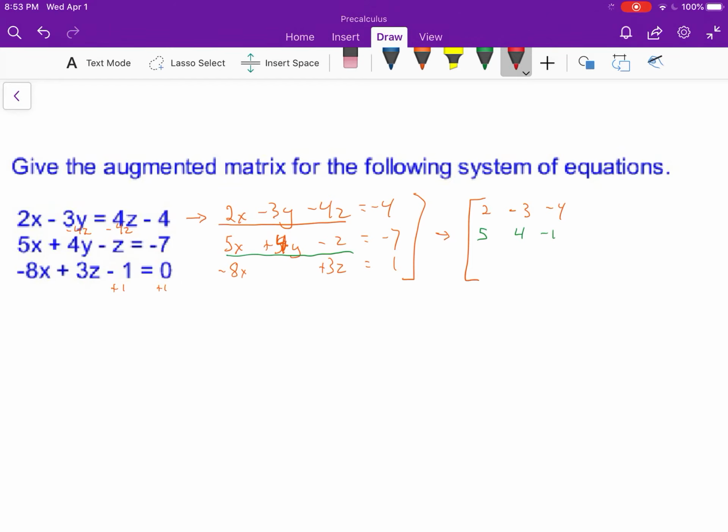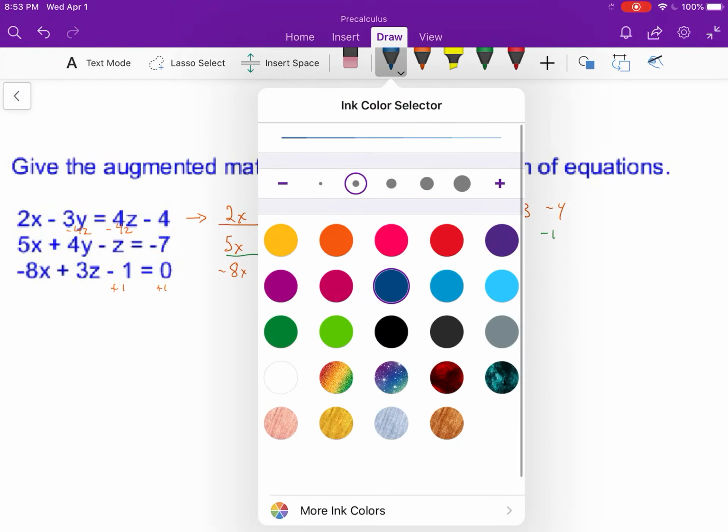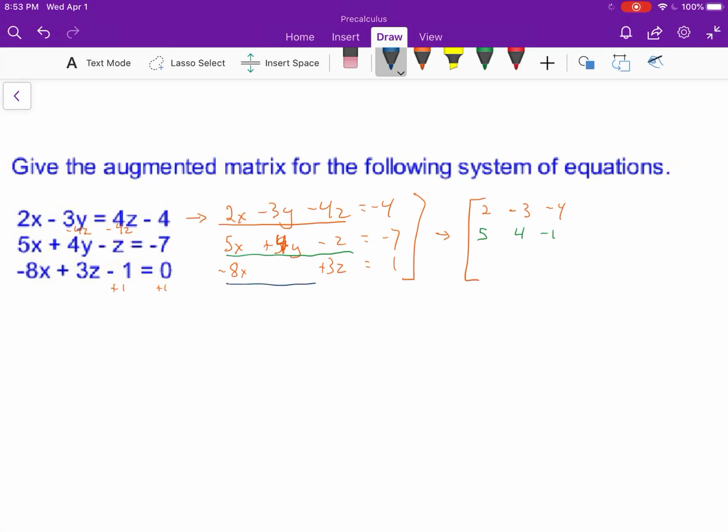And the last one is going to come from these coefficients, which is -8, 0, 3. And then we put our constants on the other side here. So there is the augmented matrix. So that's just practicing putting it in an augmented matrix. We don't end there. There's more to do.